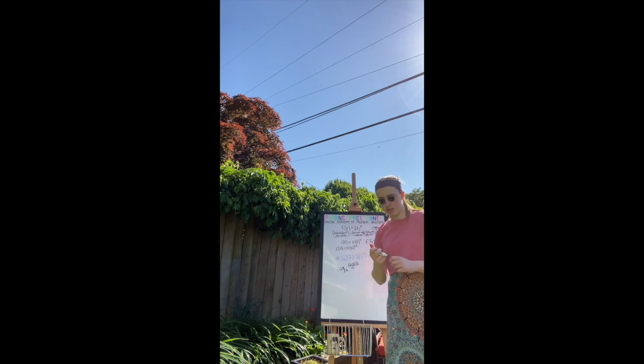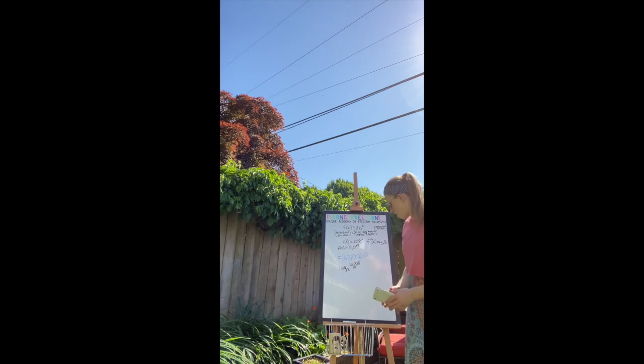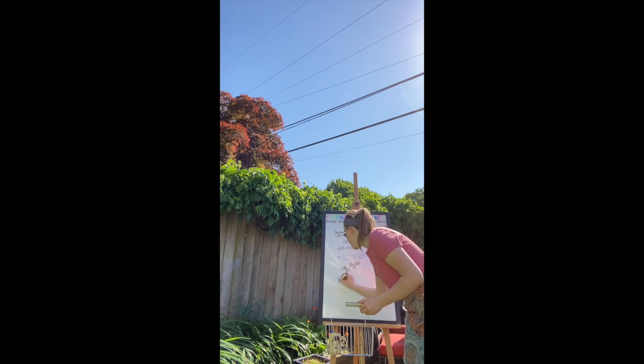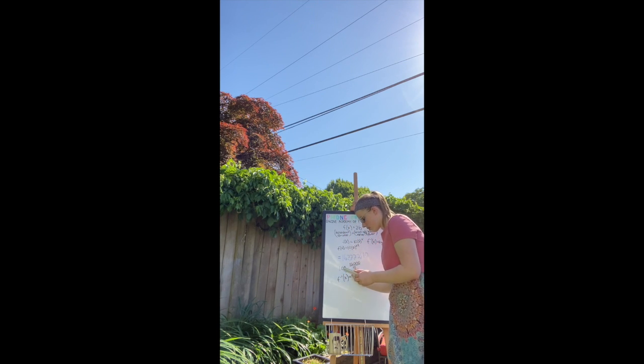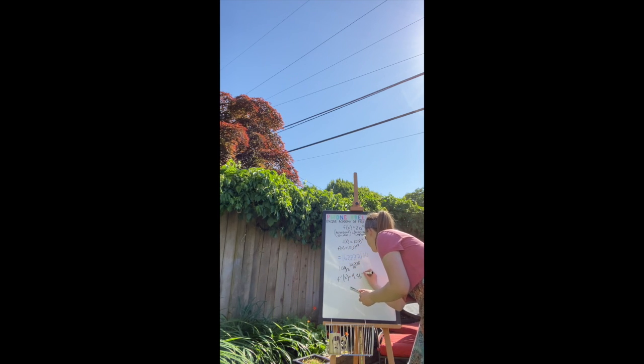Okay, so let's use our calculator to figure that out. Alright, so the answer is f negative 1 of x equals 9.9657.